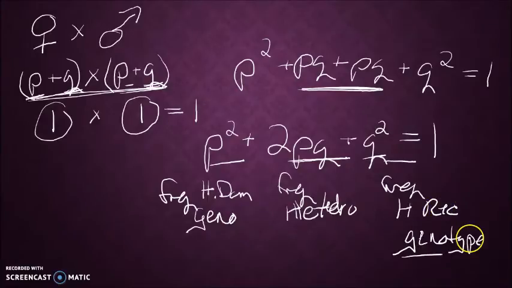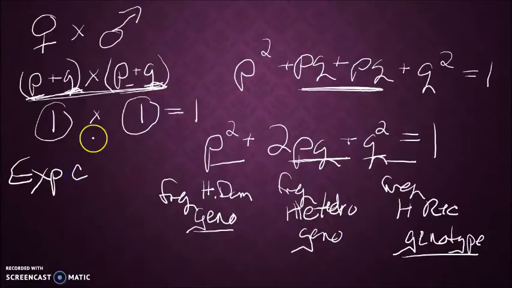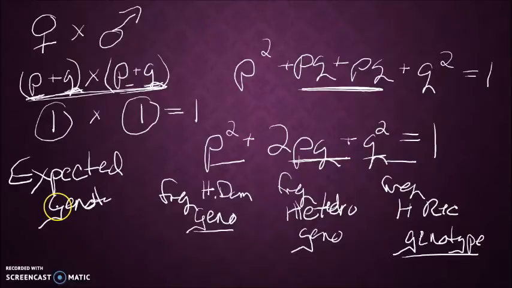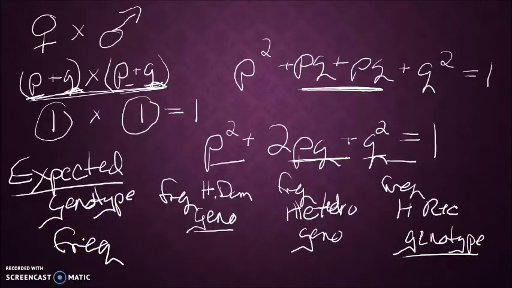Now, all three of these are what we call our expected genotype frequencies. Expected. This is what we should have in our population if our population is not changing, generation after generation.